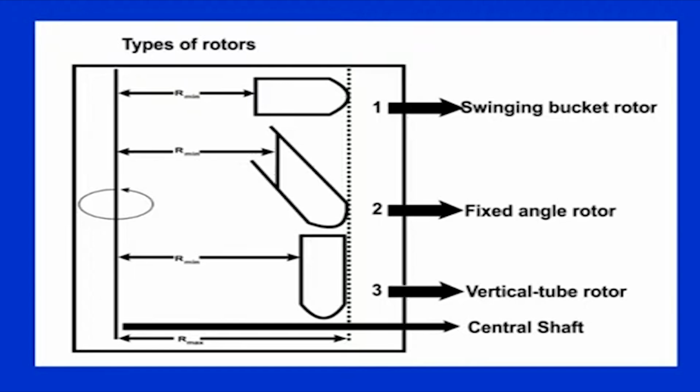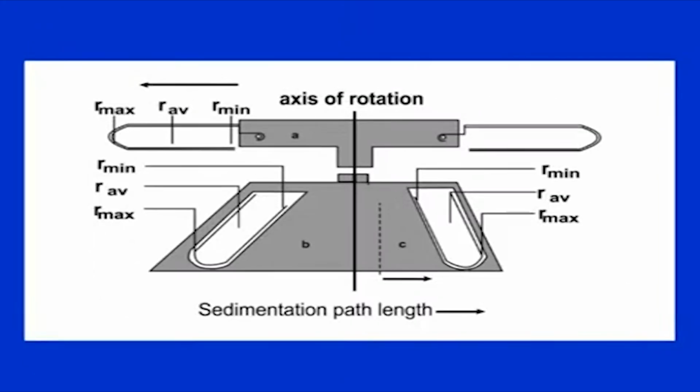So, the particles at different places will experience different centrifugal force. If you can see here, this is very clear. This is the axis of rotation, and this is for the swinging bucket rotor.